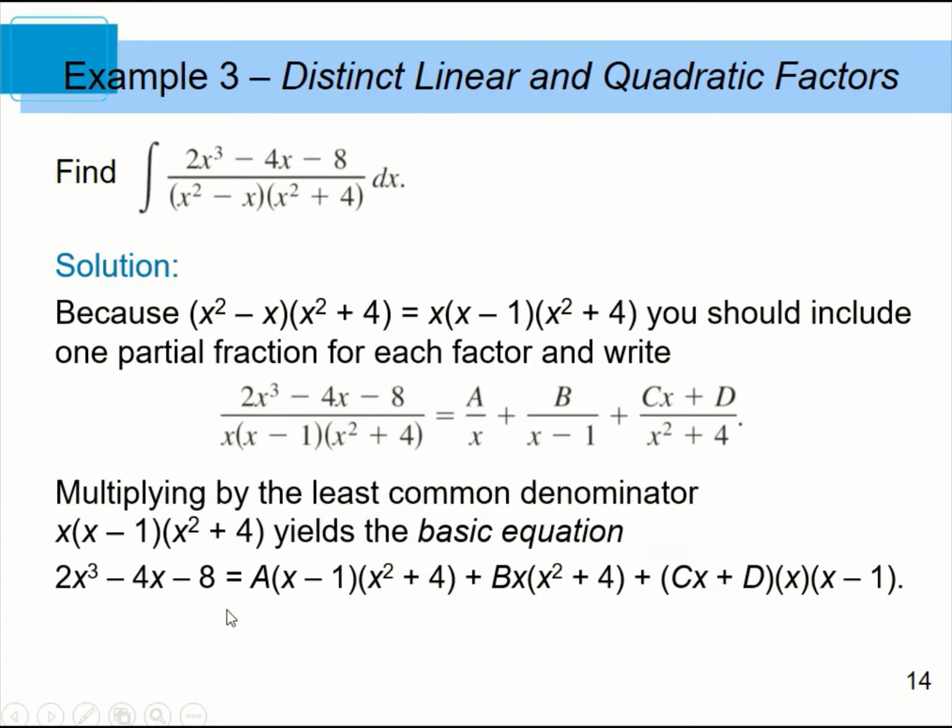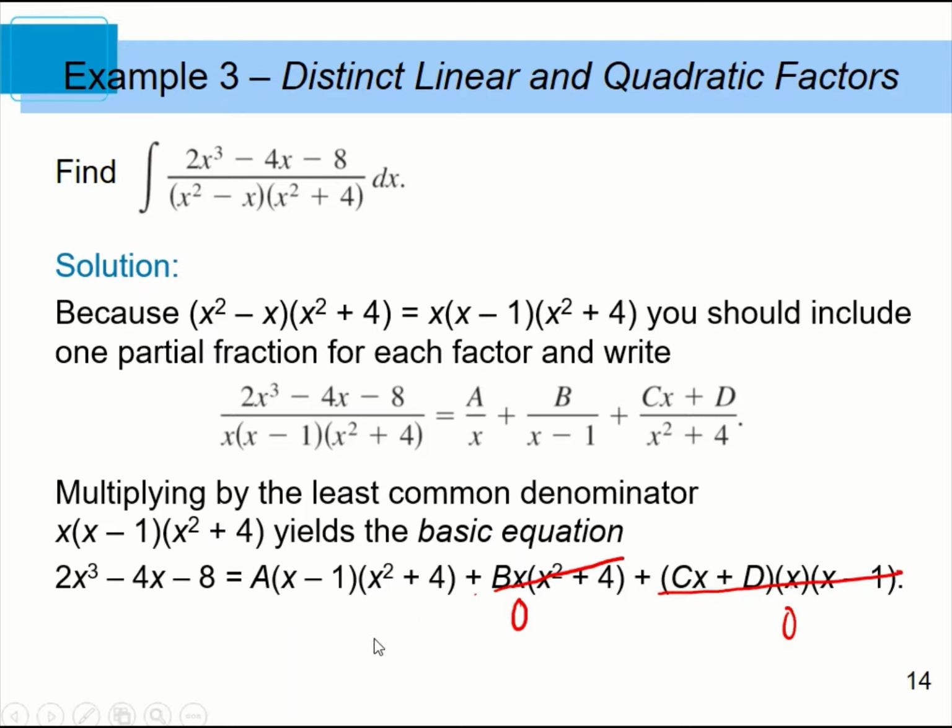Now, again, we are going to eliminate A, B, C and D one by one to find A, B, C, D. So how to solve for A? If we want to find A, what should we do? We can let the x be 0. When the x is 0, we have 0 here, so we can eliminate the whole term, because multiplying by 0 eliminates the whole thing.